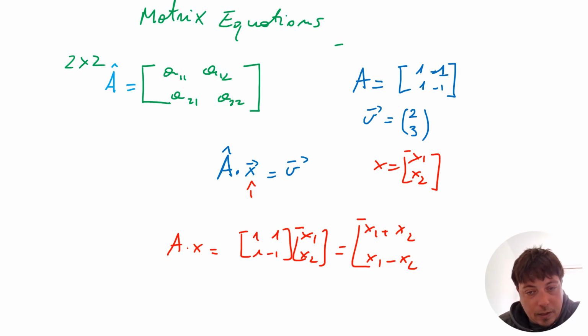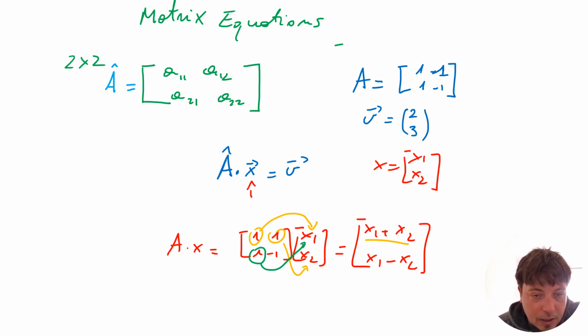Okay, I can do it step by step. We do this times this plus this times this, and it's the first row. The second row, let's pick another color, is this times this and this times this, which is exactly this row here.